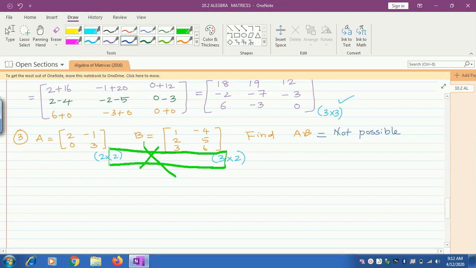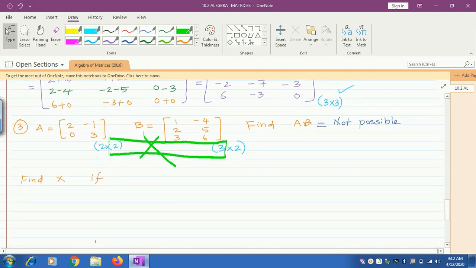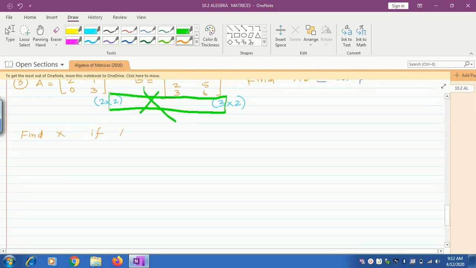And one more, the last type of question, you will find it like this: find x from the equation, if the matrix is given by x, minus 3, 4 and 6.